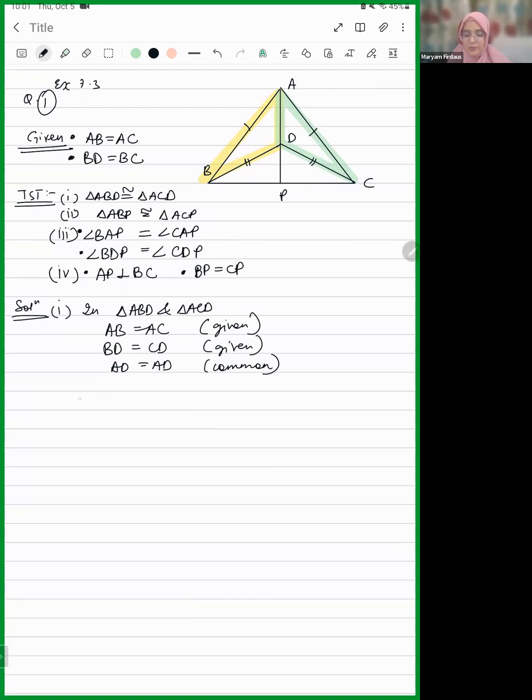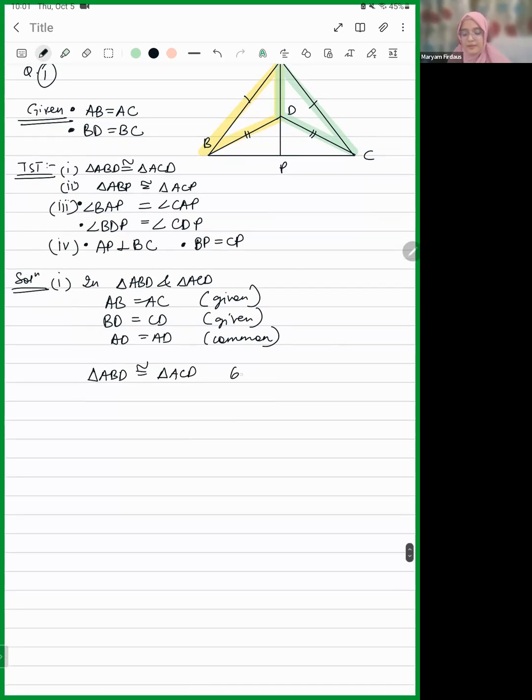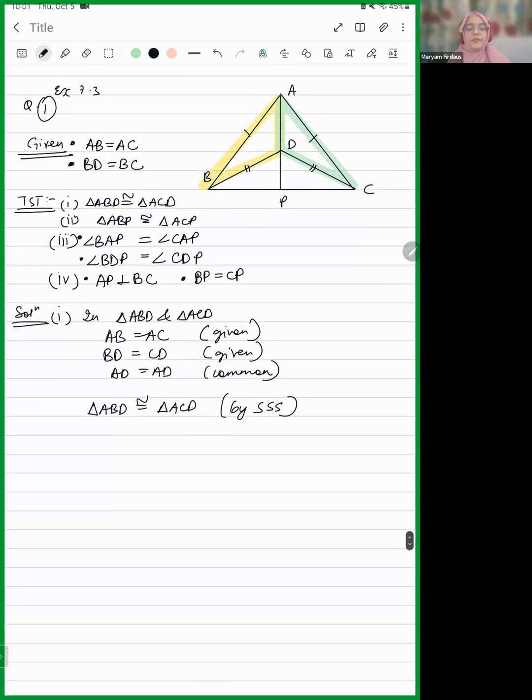It's okay, no problem. Then next step is triangle ABD is congruent to triangle ACD. So this part is clear, right, Avni? Yes, ma'am, by SSS. Now from here, we are going to need something.